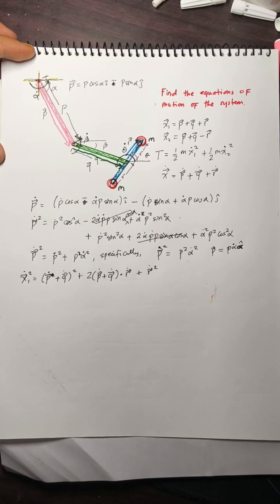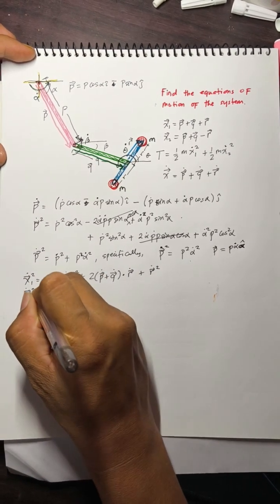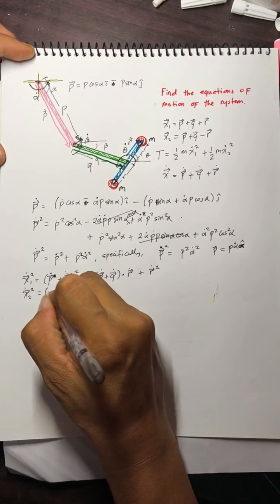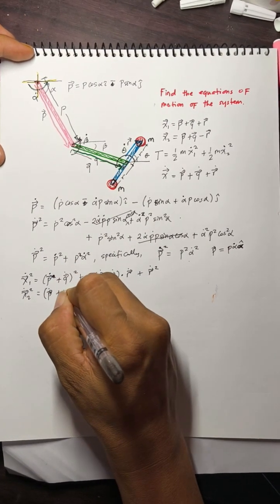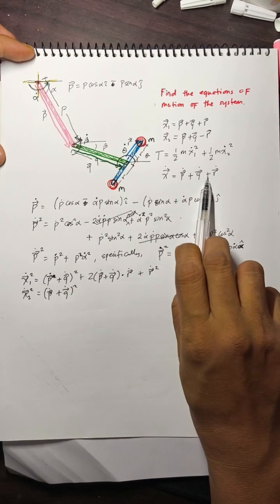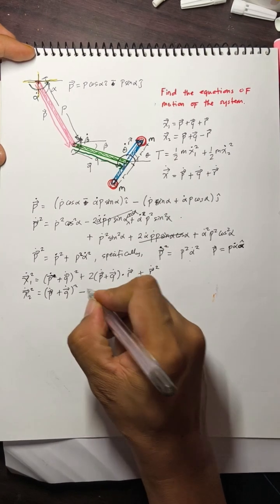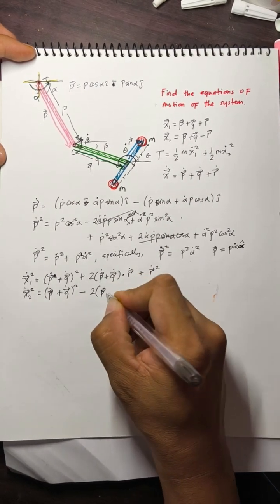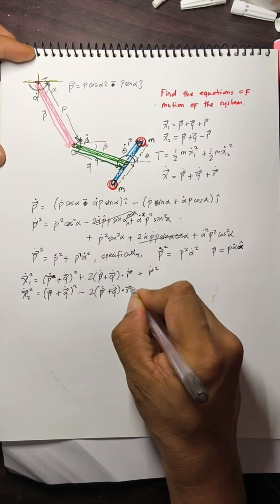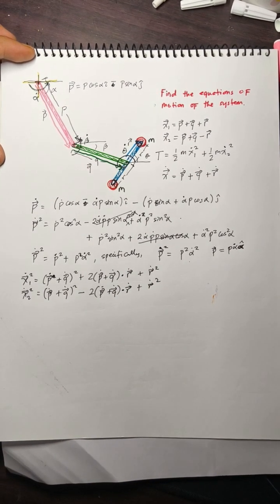And what about x2? Notice that our x2 dot squared would be equal to p dot plus q dot squared, and since this is negative for our q dot, this would be equal to minus 2 p dot plus q dot, dot r dot plus r dot squared.